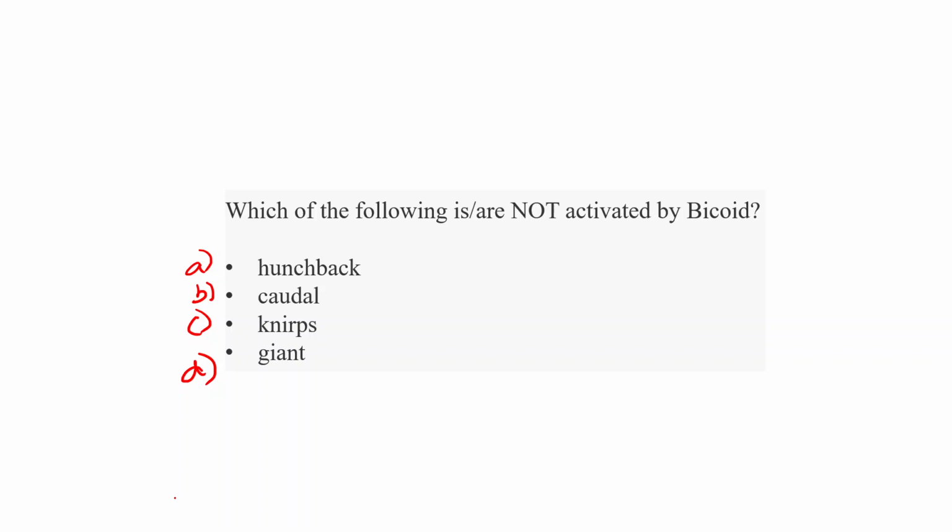Which of the following transcription factors is not activated by bicoid? Hunchback, caudal, knirps, and giant. Think of an answer. I'll give you 2 minutes.